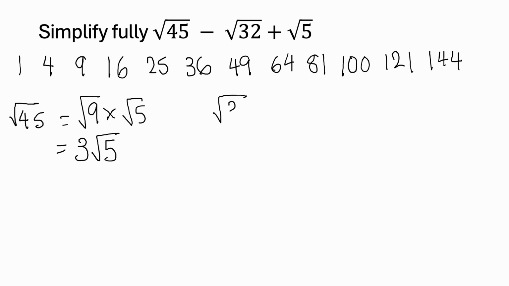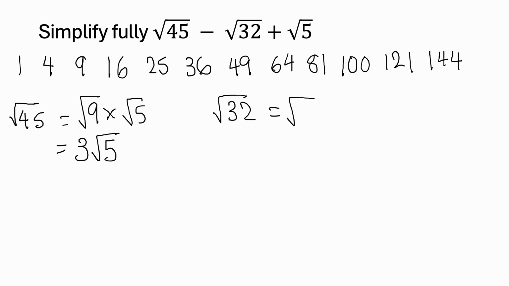Same thing for root 32. If we look, 4, yep, matches because 32 is in the 4 times tables. So root 4 times root 8. Oh, actually, we could potentially do root 16, because 32 is in the 16 times tables.